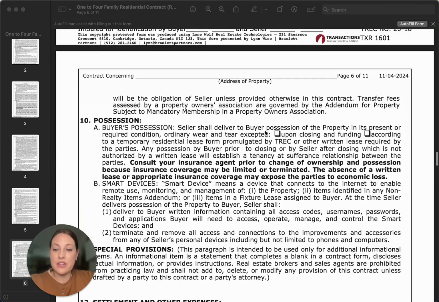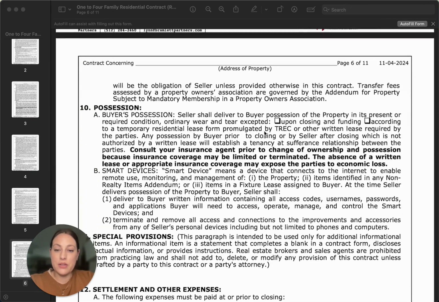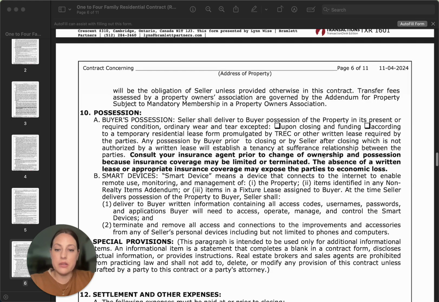And then section 10, we have possession of the property. So you can either get possession of the property upon closing and funding, so as soon as you sign all the documentation and money has been delivered, or there are things that you can do. You can do a temporary lease if the seller needs more time to move out of their house, for example. So if you have an agreement like that, then you would check this box.